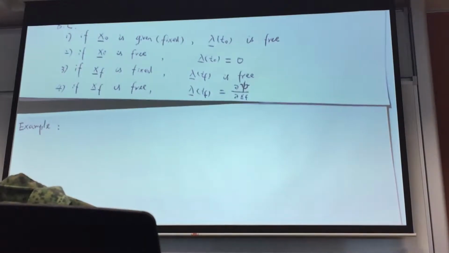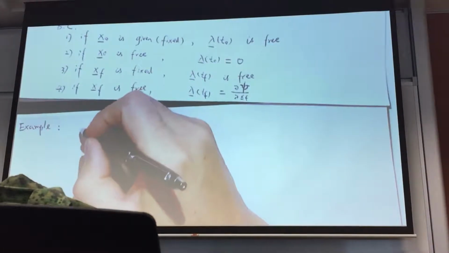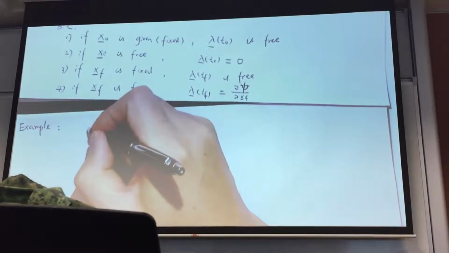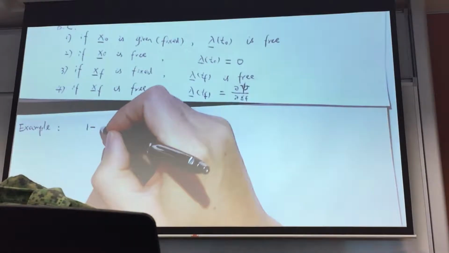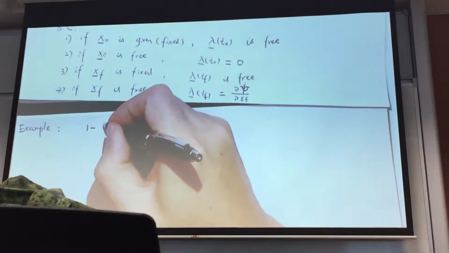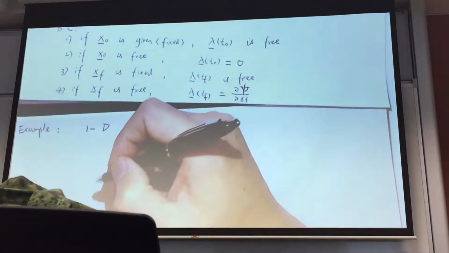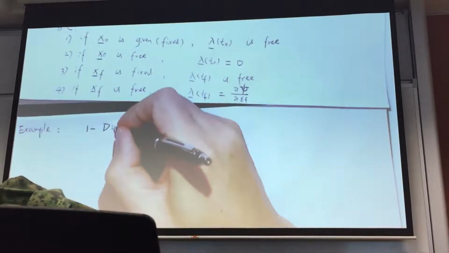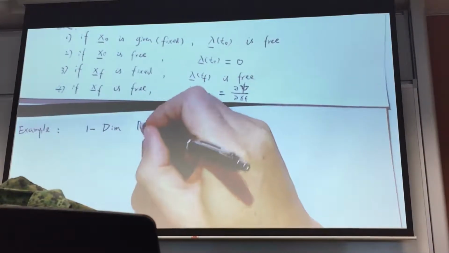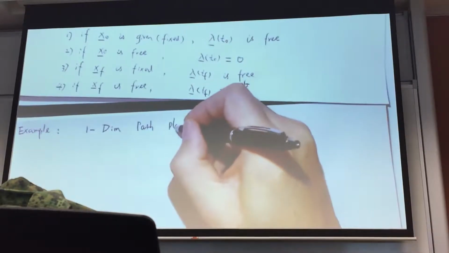So in the example, I also use the previous example, the one-dimensional planning problem, so that you can compare the results of this method and the previous method. So it's one-dimensional task planning.